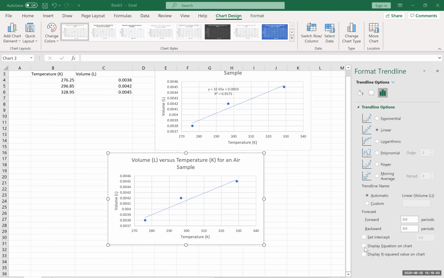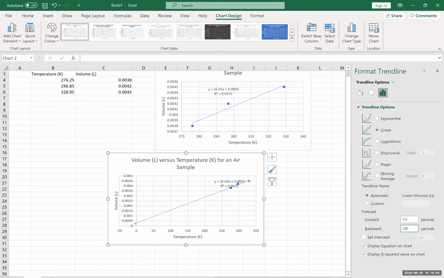You'll hit Display Equation, Display R Squared, and then in the forecast area, you'll enter backwards 280 units. Does that make sense? Yeah, thank you. Perfect.